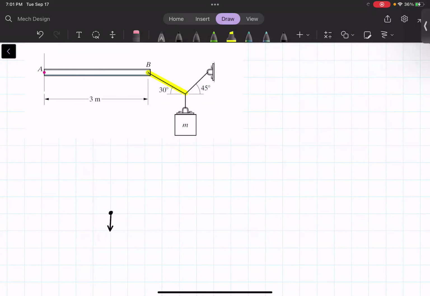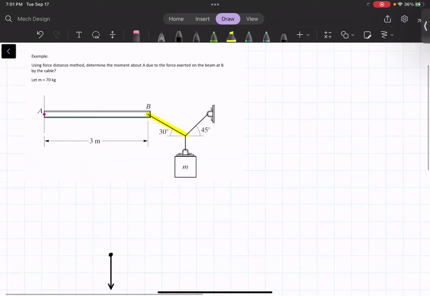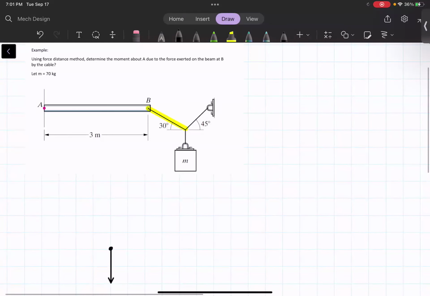The weight of this mass is going to be mass times gravity, which is 70 times 9.81. The units are in newtons since we are working with metric units.